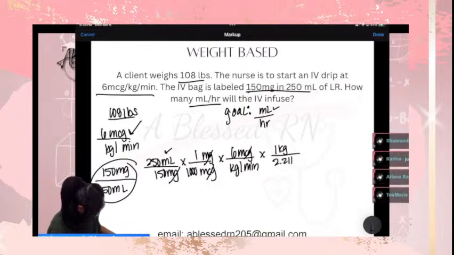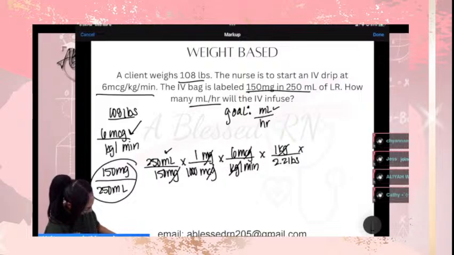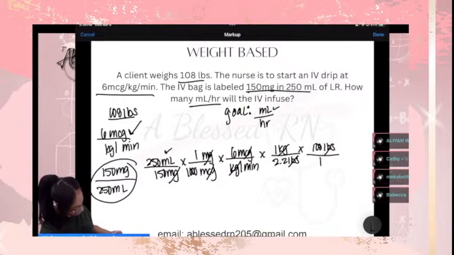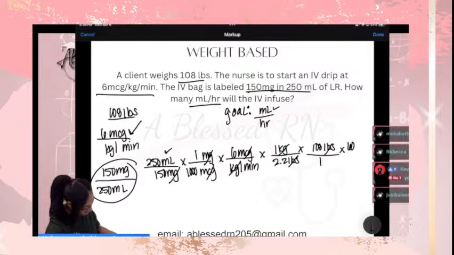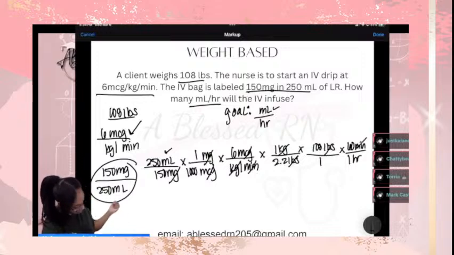So we'll do 1 kg is 2.2 pounds. Kilograms crosses out. And so now we'll put our weight, which is 108 pounds over 1. And then we have minutes at the bottom finally, but we need hours. We're going to put 60 minutes is 1 hour. And that is everything that has crossed out.